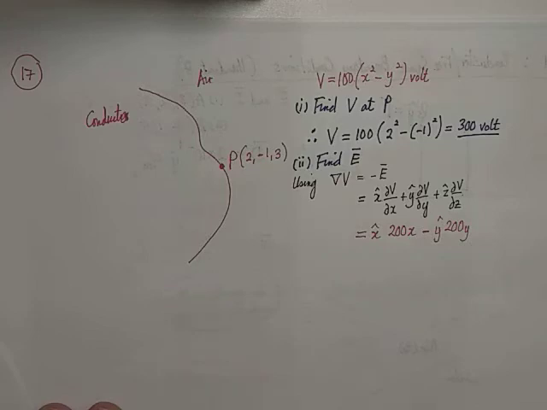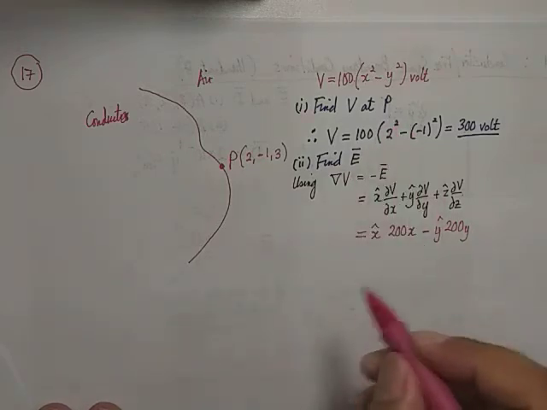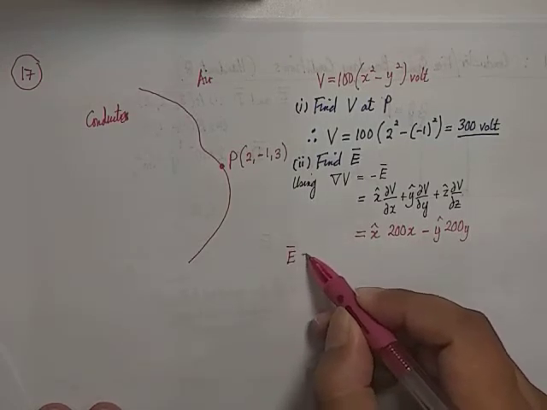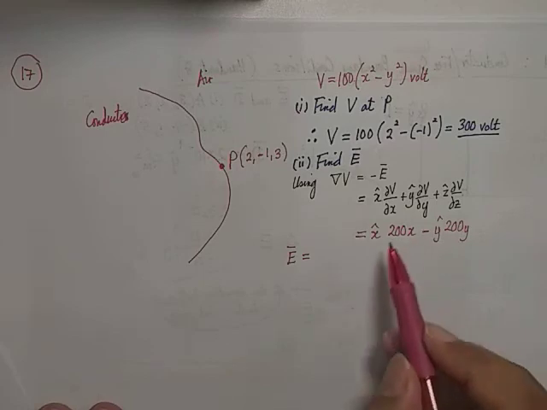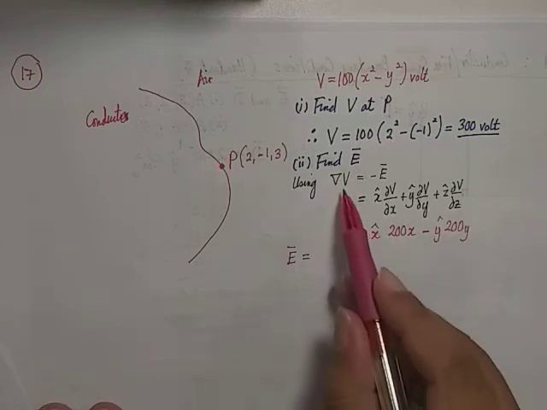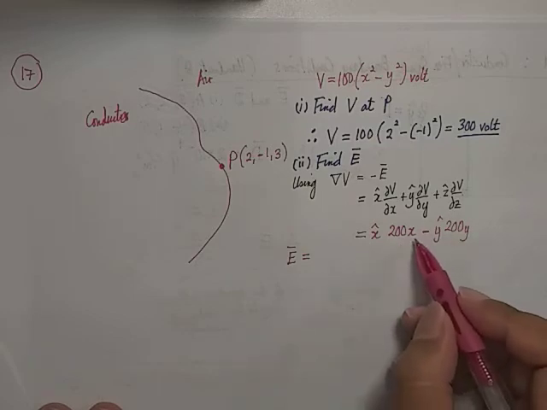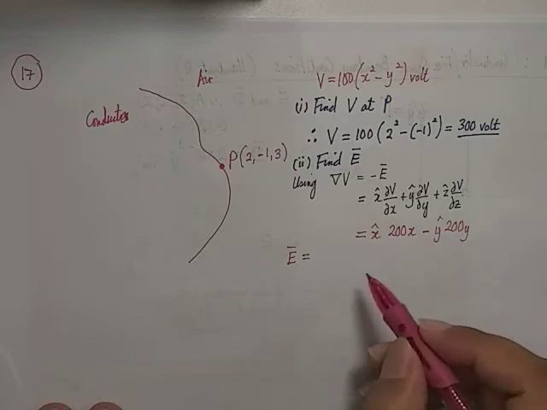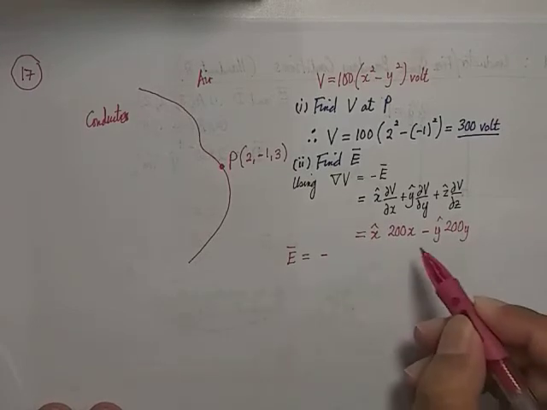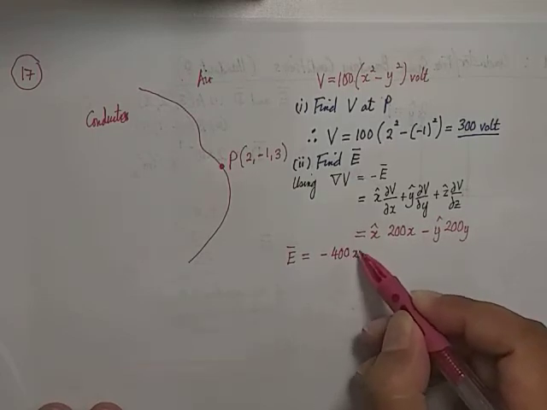But the question asks what the E should be at the point P. Remember, E must be the negative of the grad. What we solved here is the grad term, so E must be the negative of this term. What should be the value of x? 2. So it should be equal to negative 400 in the x direction, correct?